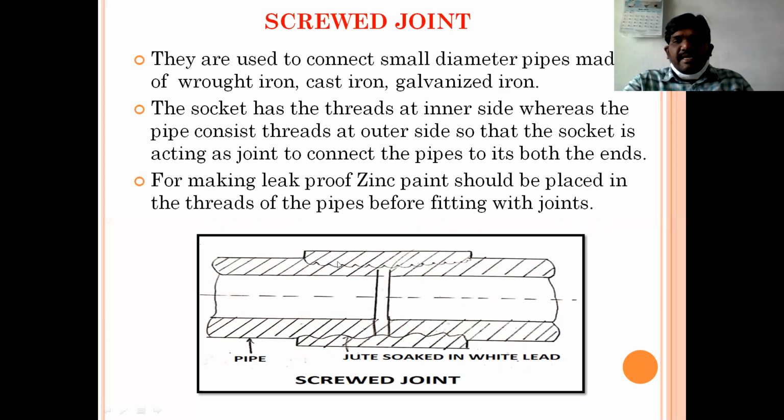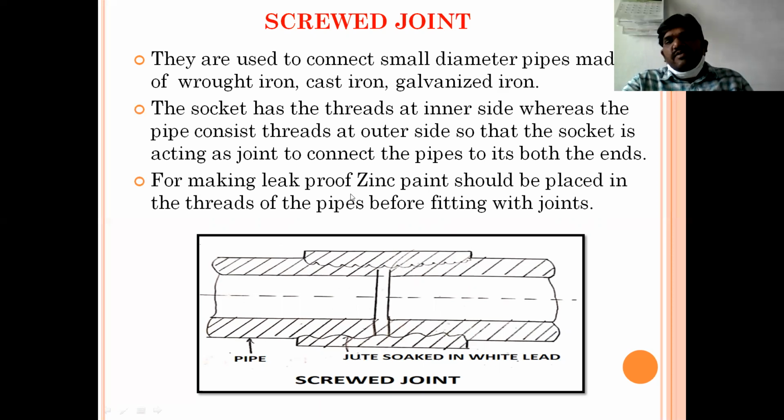The socket has threads on the inner side, whereas the pipe has threads on the outer side, so that the socket acts as a joint to connect the pipes at both ends.